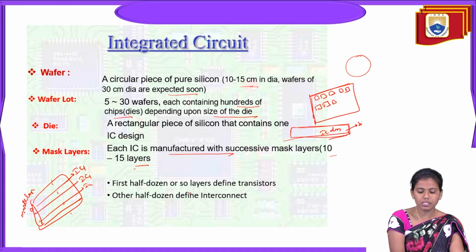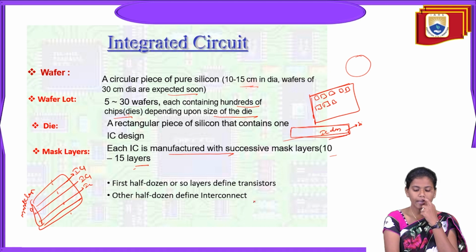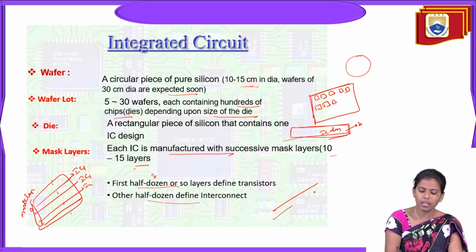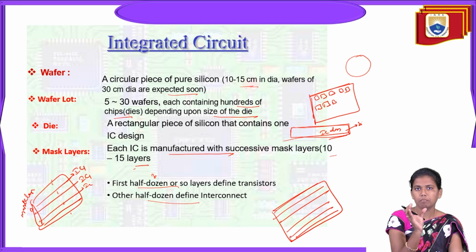And then the first half of the design layers define transistors. So the first half dozen layers define transistors, and the other half of the design defines interconnect. Here in these mask layers, we see a number of layers which are formed in order to form a particular mask layer.